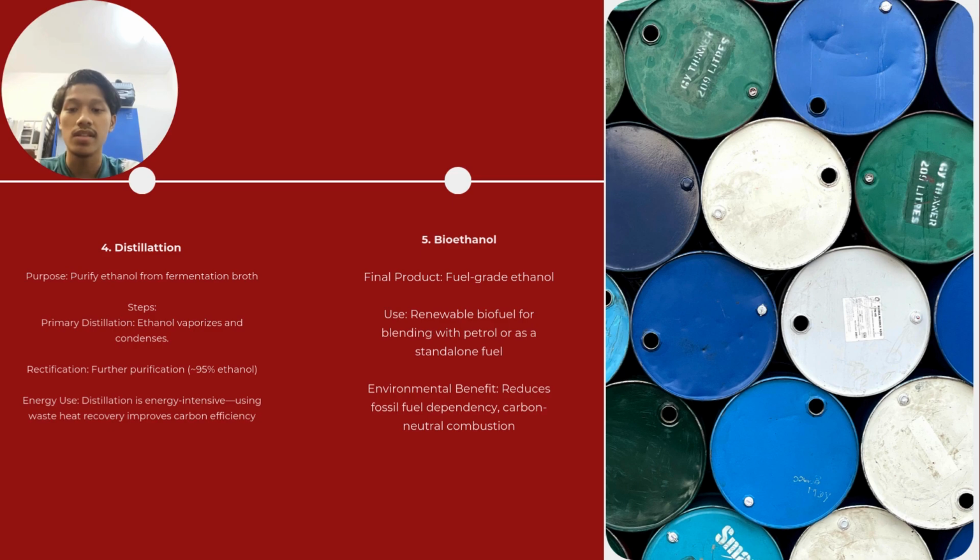Distillation is energy intensive, and using waste heat recovery improves carbon efficiency. And the last step is the finished product. The bioethanol will be a fuel-grade ethanol, which can be used as renewable biofuel for blending with petrol or as a standalone fuel. Its environmental benefits are that it can reduce fossil fuel dependency and offers carbon neutral combustion.